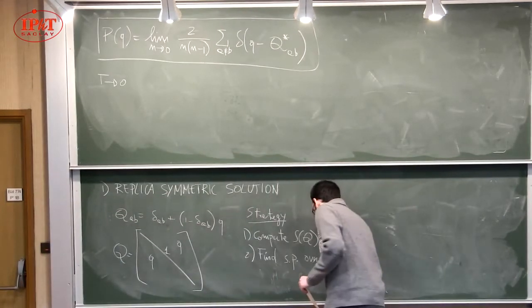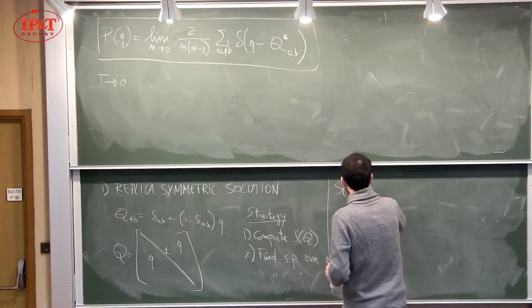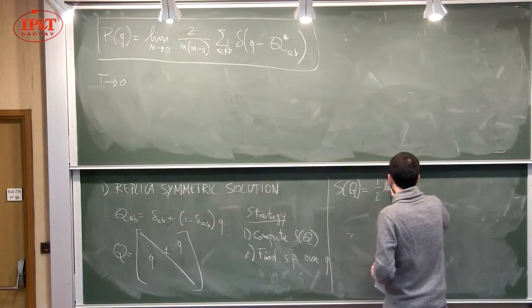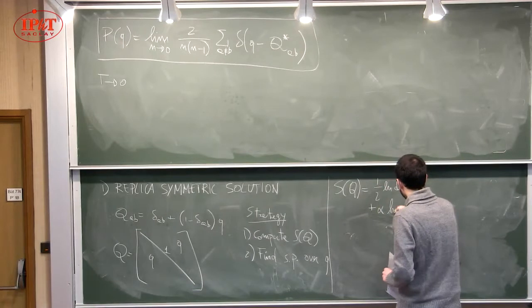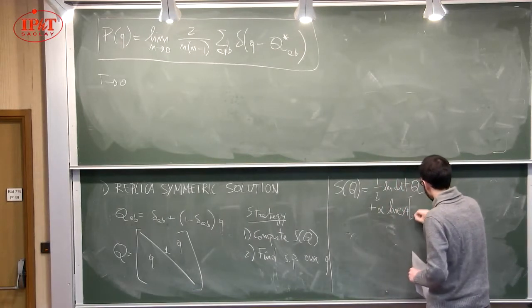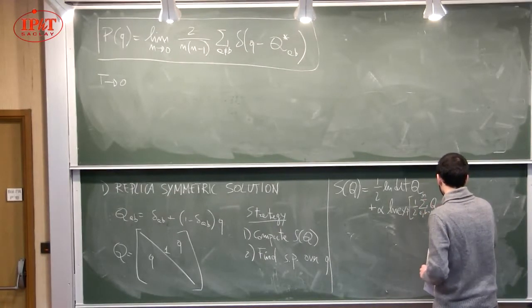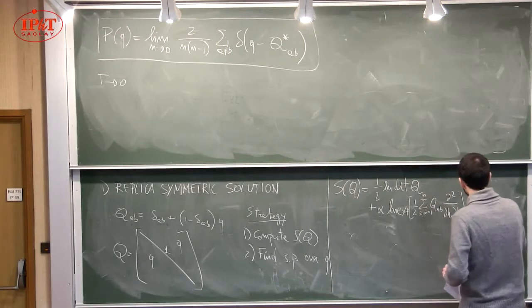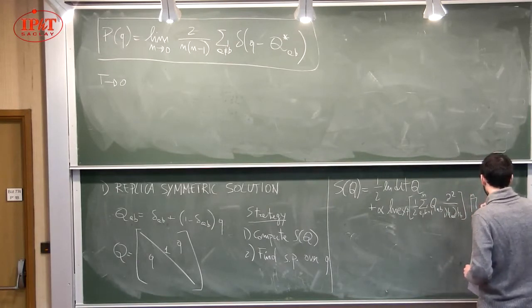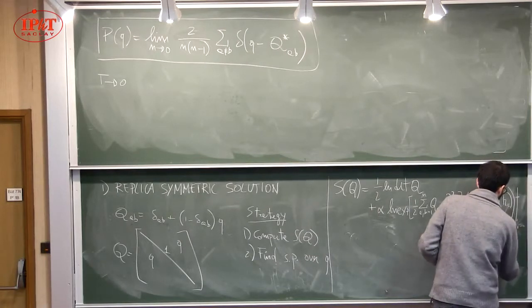So let's go back to S of Q. S of Q is 1/2 log det of Q plus, so H equal to minus sigma.